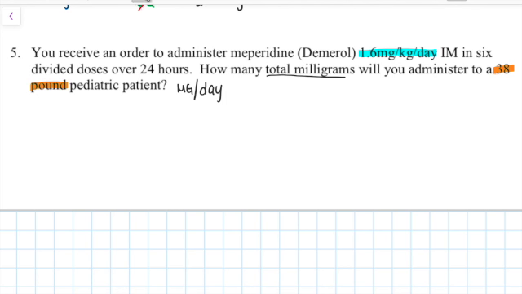Our order is 1.6 milligrams per 1 kilogram per day. And we are going to convert kilograms to pounds. So 1 kilogram is 2.2 pounds. Our pediatric patient weighs 38 pounds. And we want to know his dose for the day.